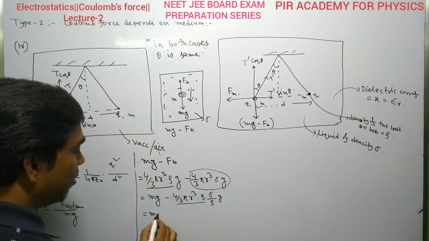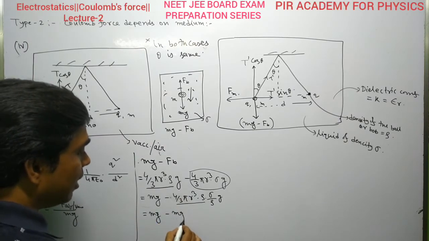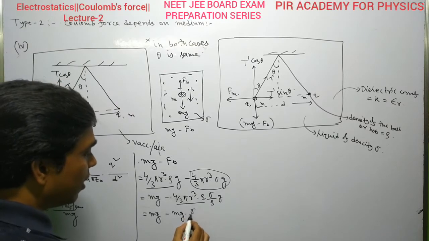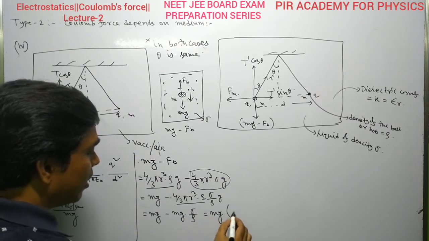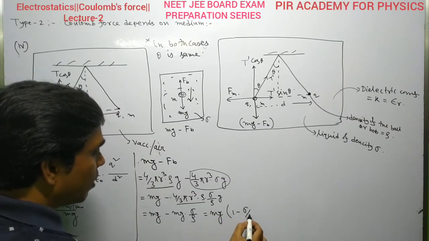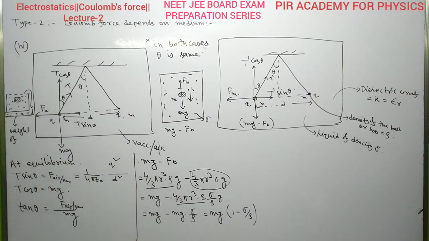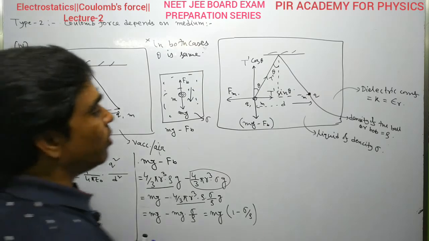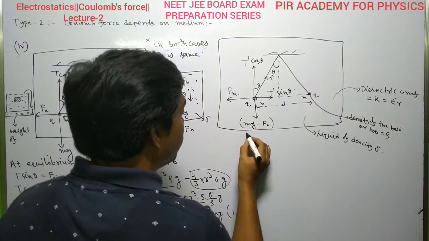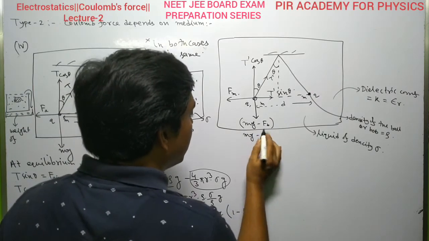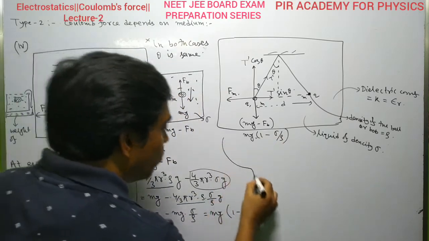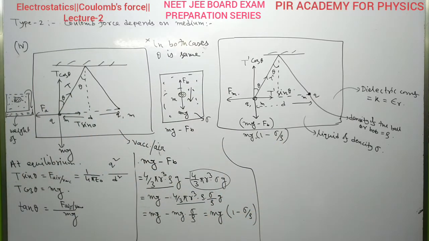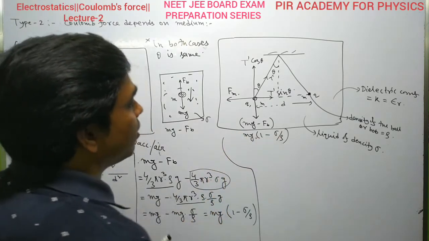So it will be mg minus mg into sigma by rho, which is mg into 1 minus sigma by rho. So this is the effective force, mg into 1 minus sigma by rho.